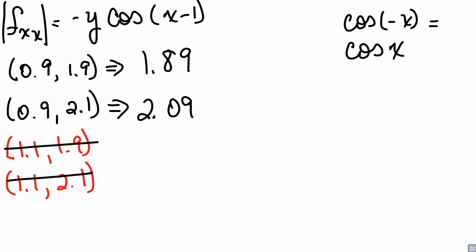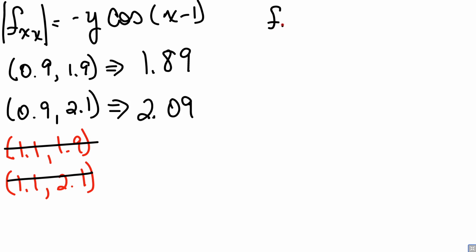Now I've done it for the second order partial with respect to x. Now I want to do it for the second order partial with respect to y, which we said the derivative for that was 2x, and it's not x. The second order partial with respect to y is only defined in terms of x.